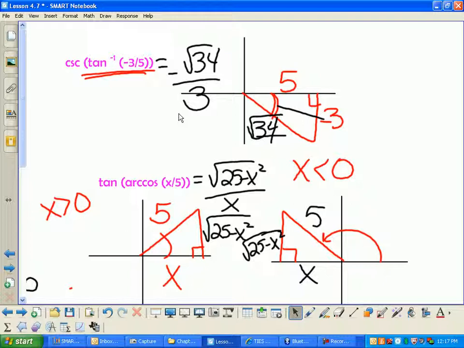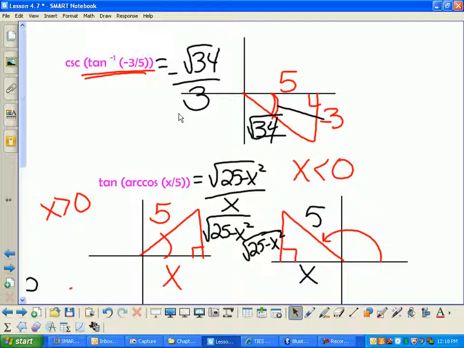On the bottom problem, why was that being negative? Because the x is negative. The x already is a negative number, so if you do negative x, you're doing the opposite of a negative number and making that side positive, and then it should be in the other quadrant.